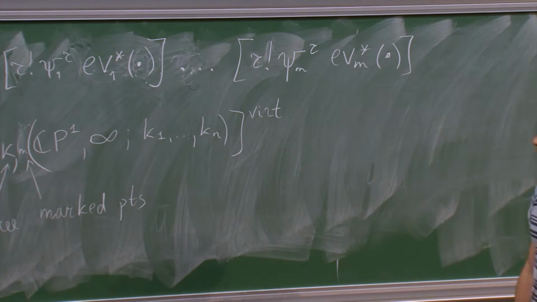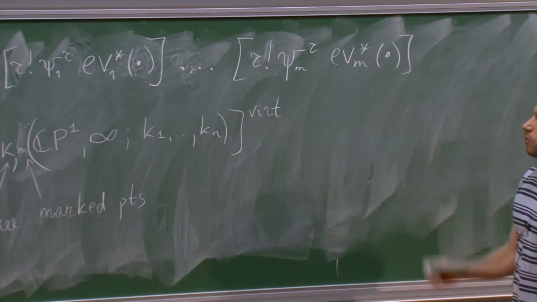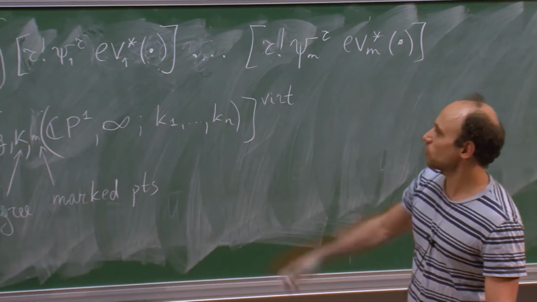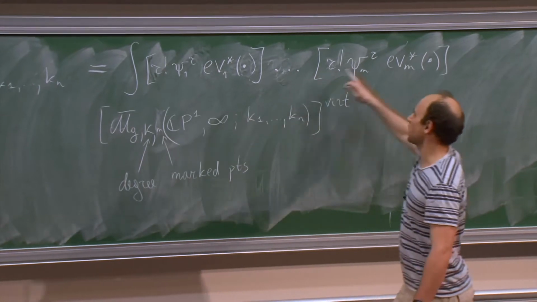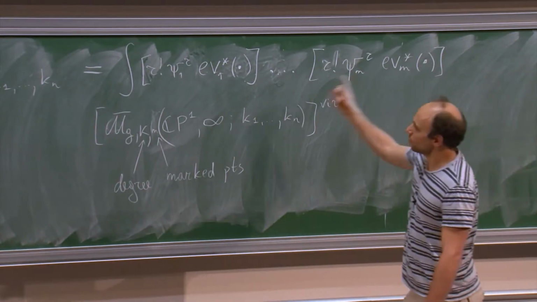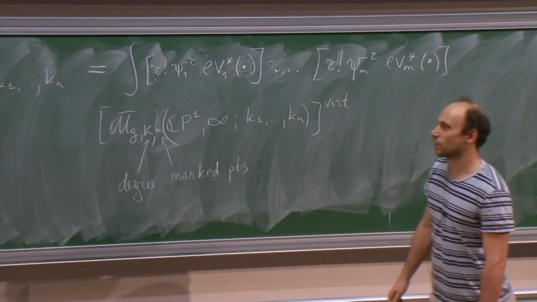So I have m marked points, I fix their images because every time I take the pullback of a point by the evaluation map. And after fixing their images, I also put r-th powers of psi class on each of them. And this will be exactly equal to this R-spin Hurwitz number.